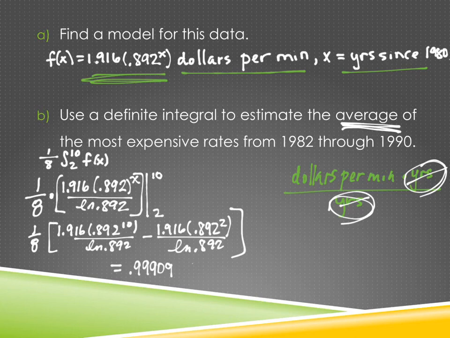You always end up with the original output of the problem. So this is dollars per minute. So it kind of makes sense to say that it's not really $0.999 per minute, right? $1 per minute is probably a more realistic kind of value to say.